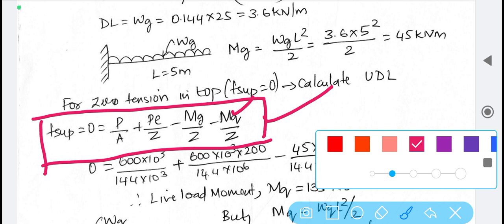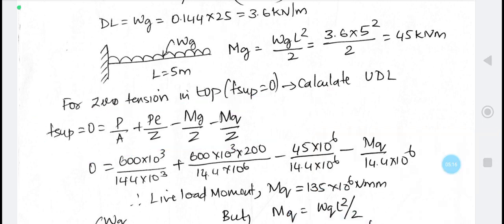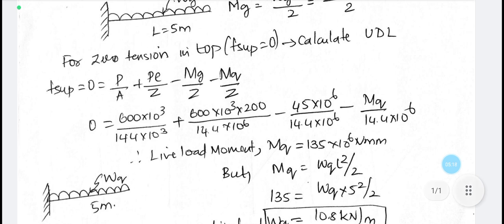That is, we need to nullify the tension, which means we need to equate the resultant stress expression with reference to the tension edge to 0. So in the case of cantilever, tension is acting at the top, compression is acting at the bottom, therefore F superior is made equal to 0. And then substitute everything, finally we get the answer for M_Q.